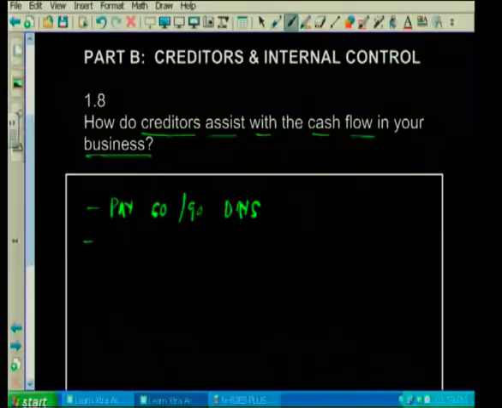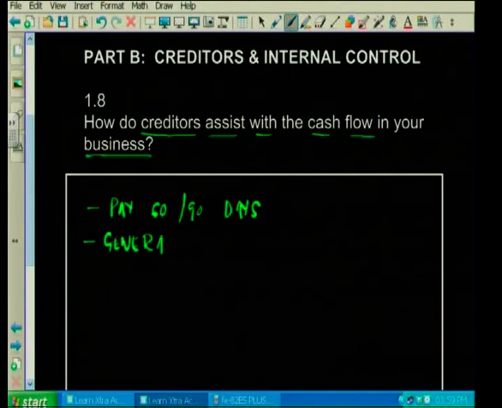So in other words, money is being generated. That's right. Remember this word here, an important word. Money is being generated, so we are actually using the creditor's money to assist us with our cash flow. Next question.